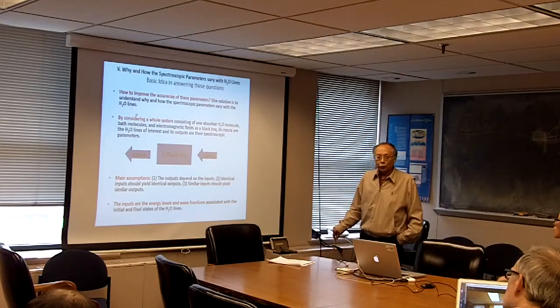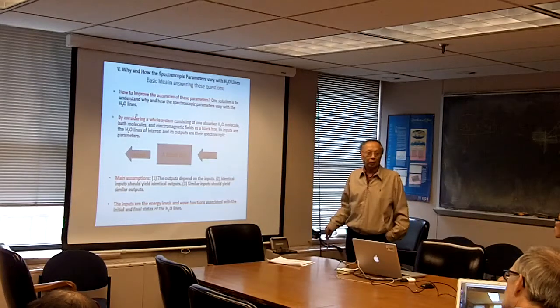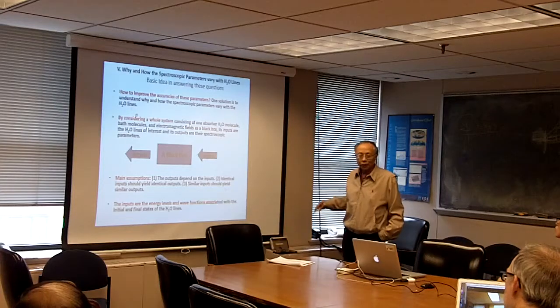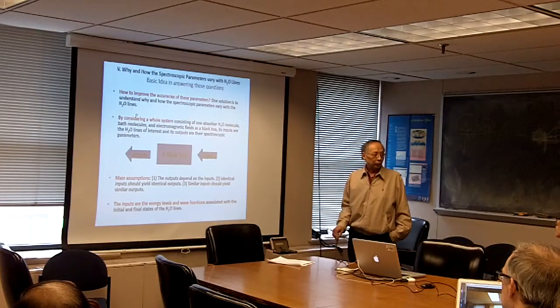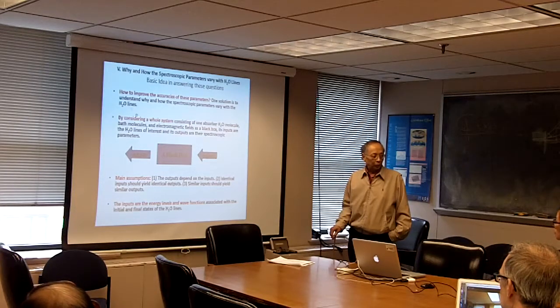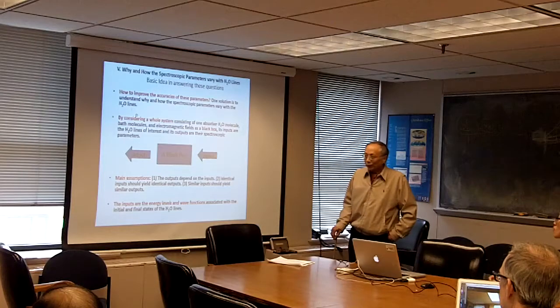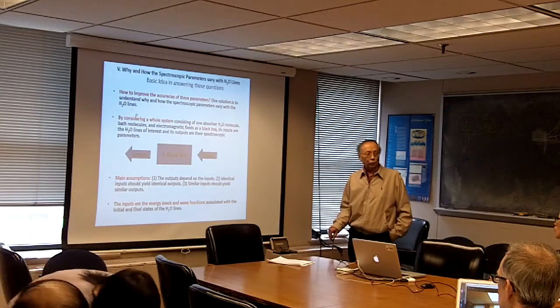The main assumption is that this system is stable, with no strange behavior. Therefore, there are three assumptions. Output depends on input. Identical input yields identical output. Similar input yields similar output. I believe these three assumptions are reasonable. What is the input right now? The input is the lines of interest.